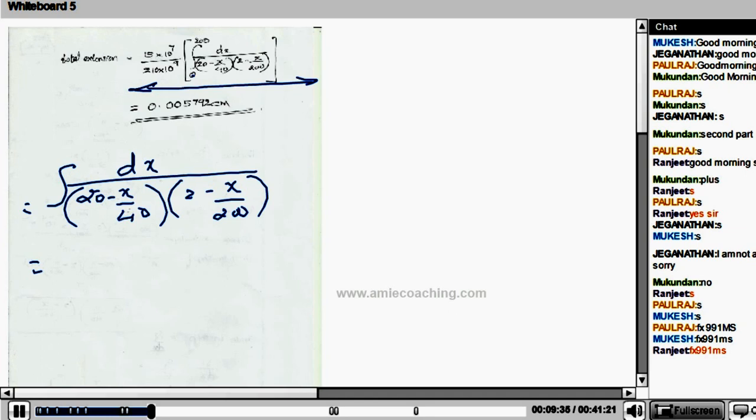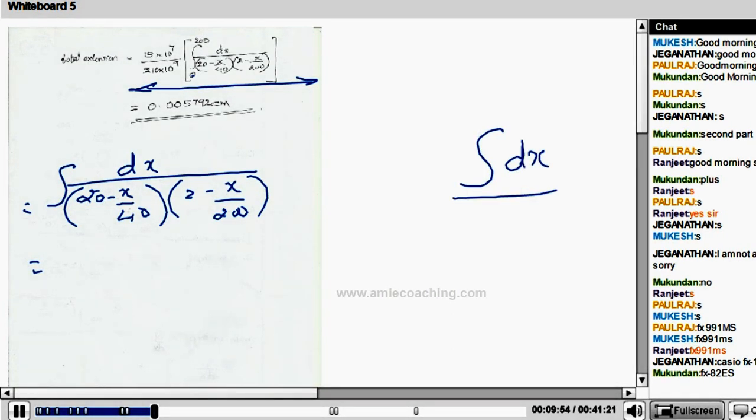You can see on the top layer of buttons a mode button. Casio FX 100, FX 82? Yes, okay, FX 82. Is there any symbol like this, integral dx?